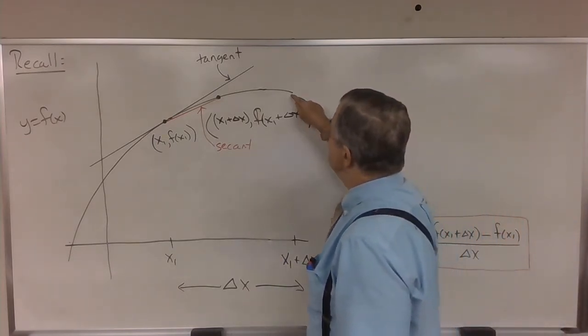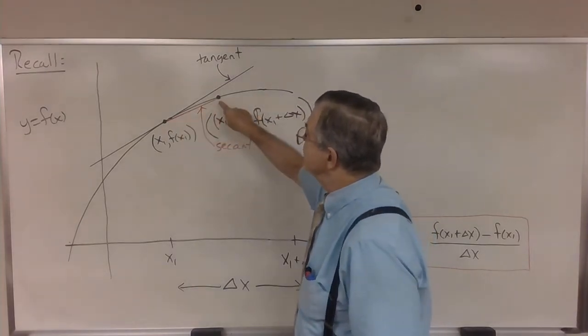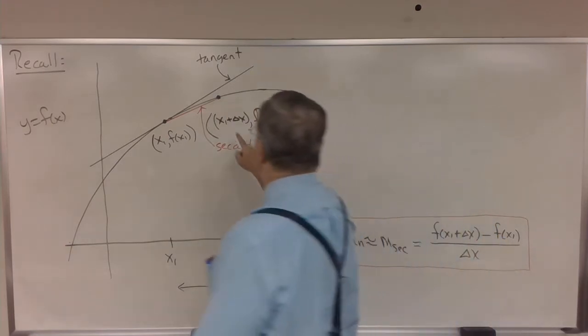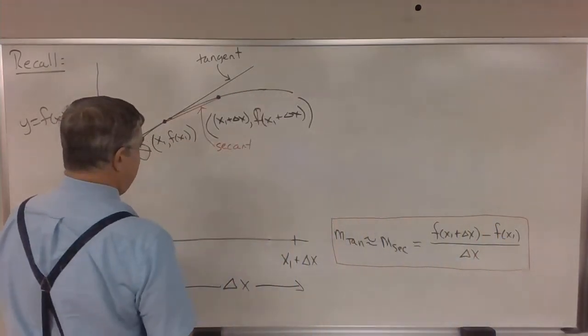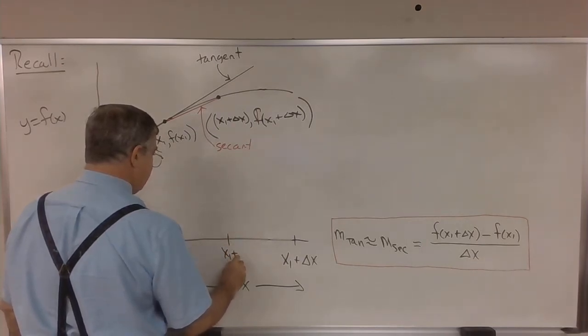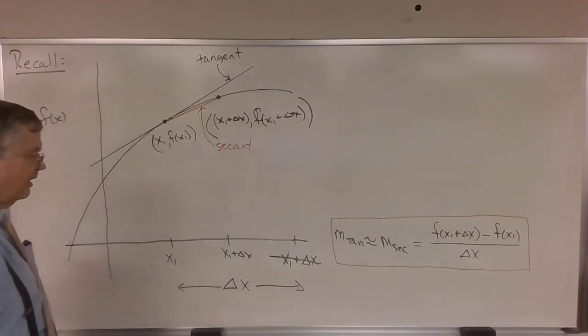I moved the end point of the secant closer to the point of tangency. That also changed what my x of 1 plus delta x was. Here's x of 1 plus delta x now. That one's no longer valid.